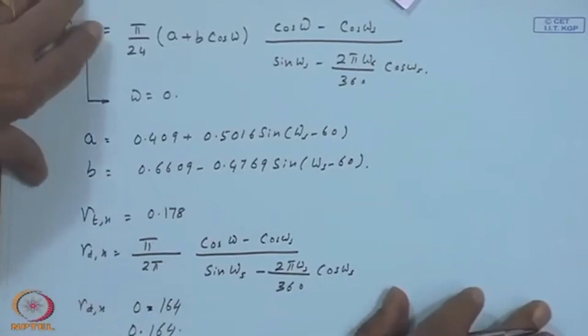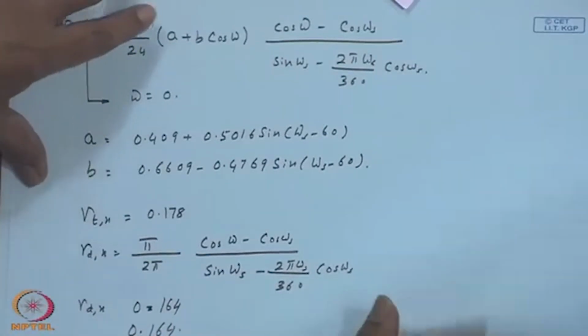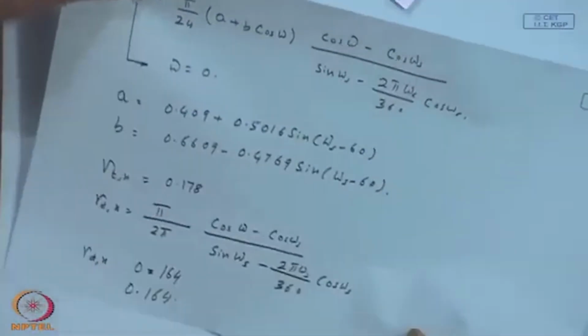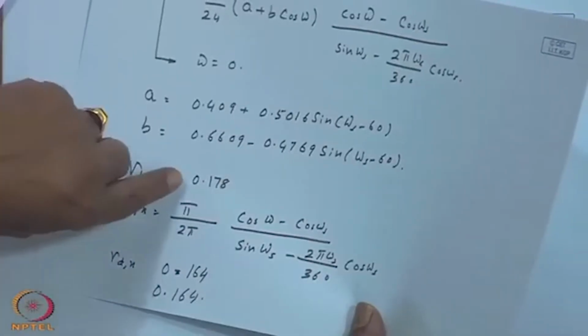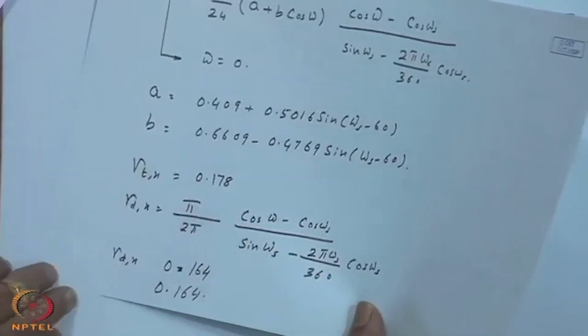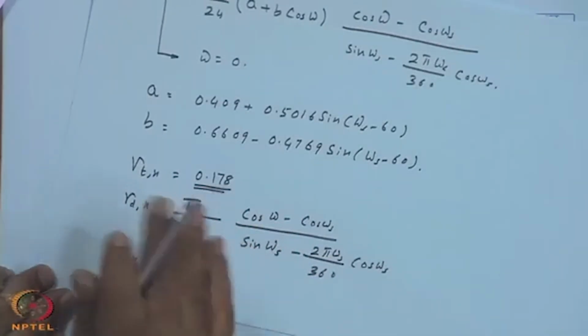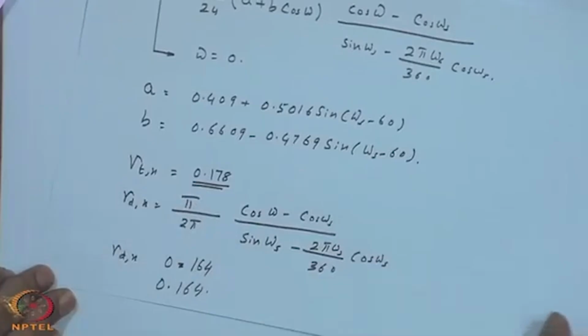Now, you might wonder, the diffuse radiation RDN, the fraction also is 0.164, pretty close to 0.178, but you should remember this is 20% of the diffuse radiation, whereas this is about 20% of the global or the total radiation. Okay. So, these numbers look similar, order of magnitude, they do not differ much, because one is normalized with respect to the global radiation and the other is normalized with respect to the diffuse radiation.